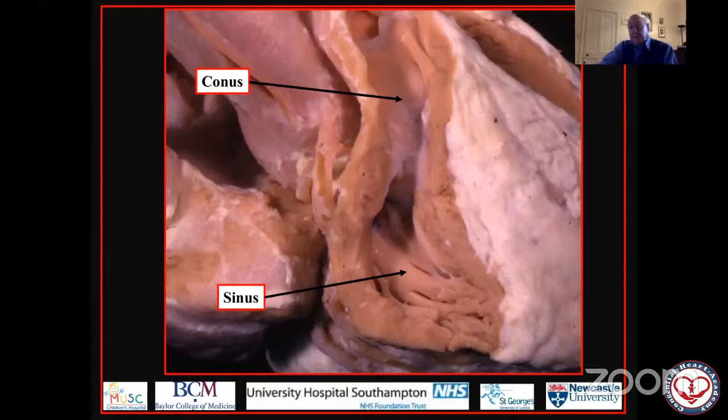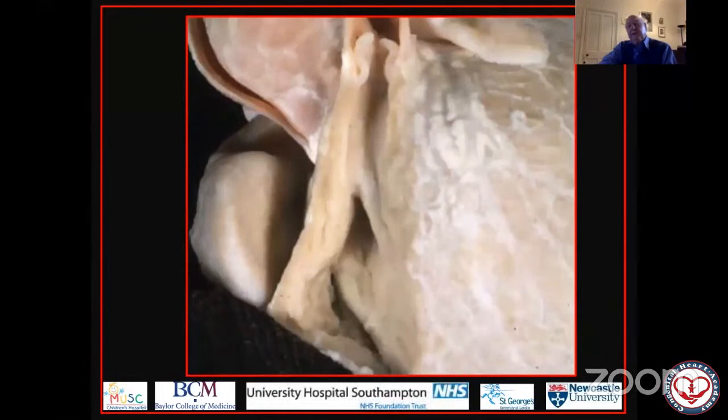Now, I'd like you to bear this particular picture in your mind whilst I show you the next one. Because to my eyes, this small chamber is almost the same as the one I showed you a moment ago. And it has a part there that at the time we could call the sinus. We had another part there that we could call the conus.